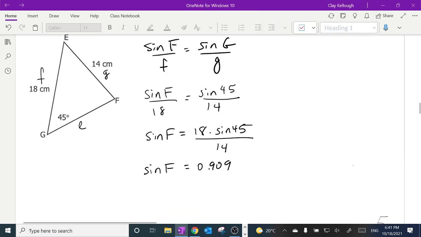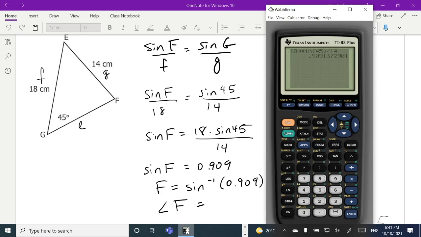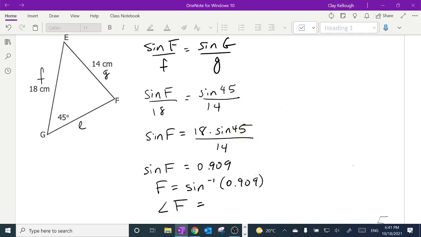And again, I actually don't mind if you skip this step too, because this is again the way that it works every time that you're doing an angle solution problem. So I go back to my calculator and I say I'd like the second function inverse sine of that last answer equals 65.4 degrees. There we go. There's angle F.